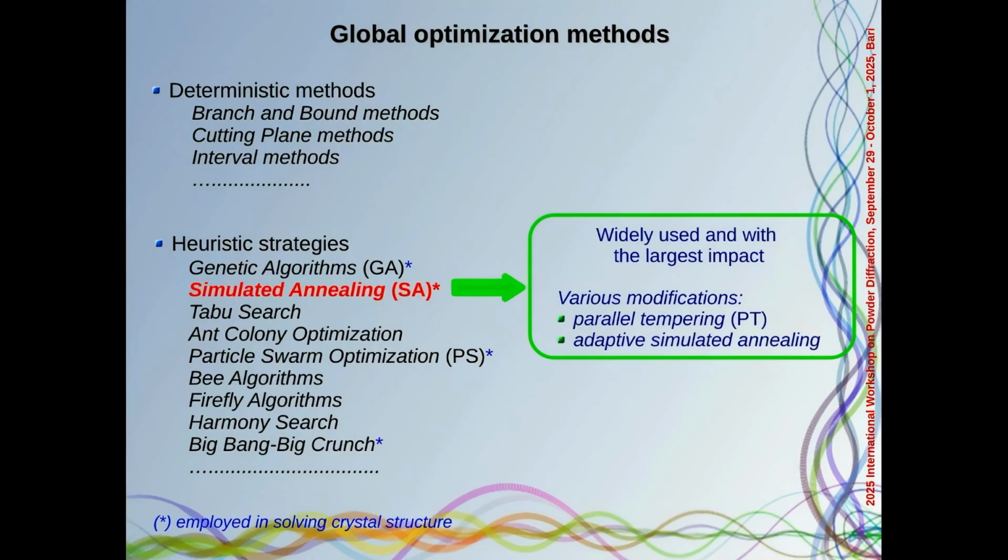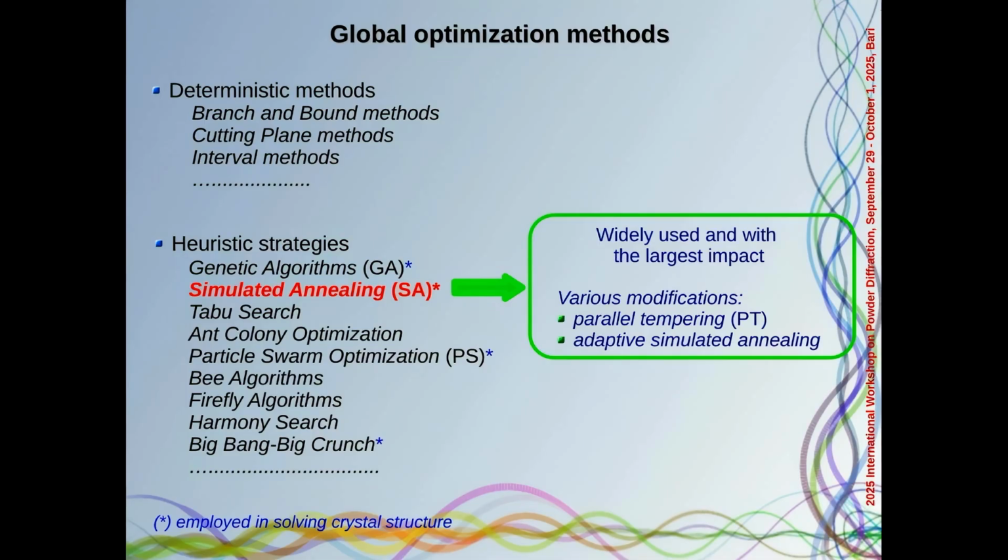The most common global optimization method used in crystallography is simulated annealing. First of all, simulated annealing is very effective in the process of crystal structure solution, and it has few control parameters that are not difficult to understand. So they can be easily converted into computer code, and several codes are available for structure solution.